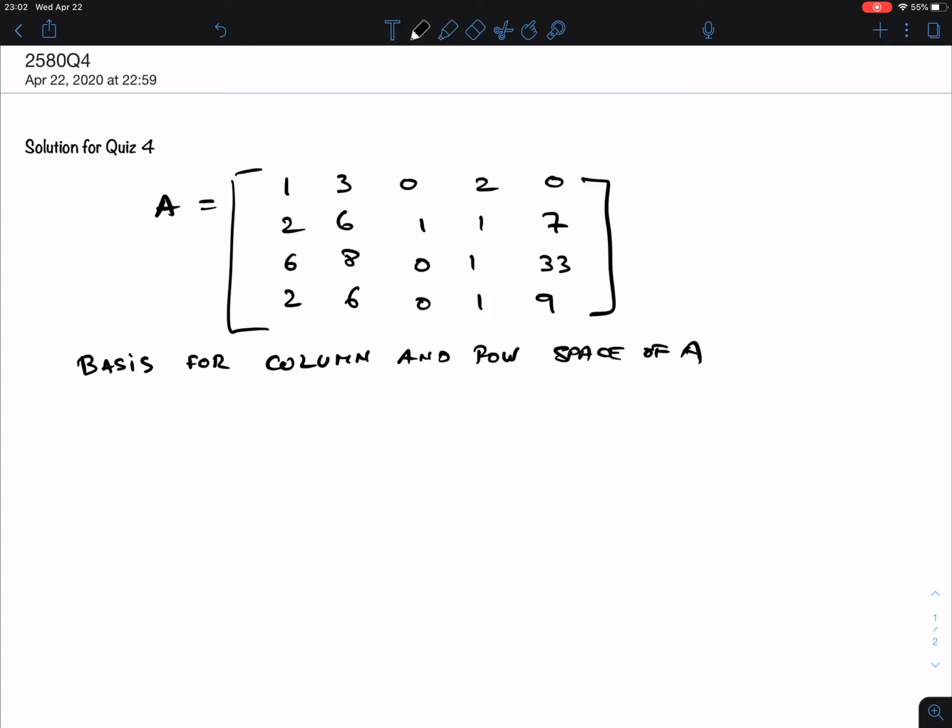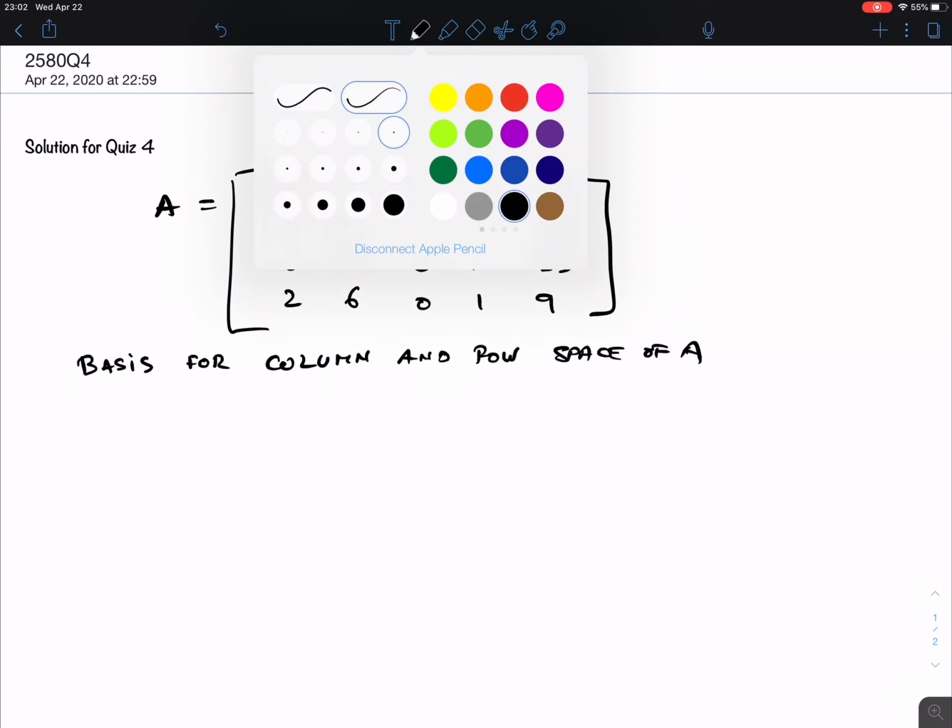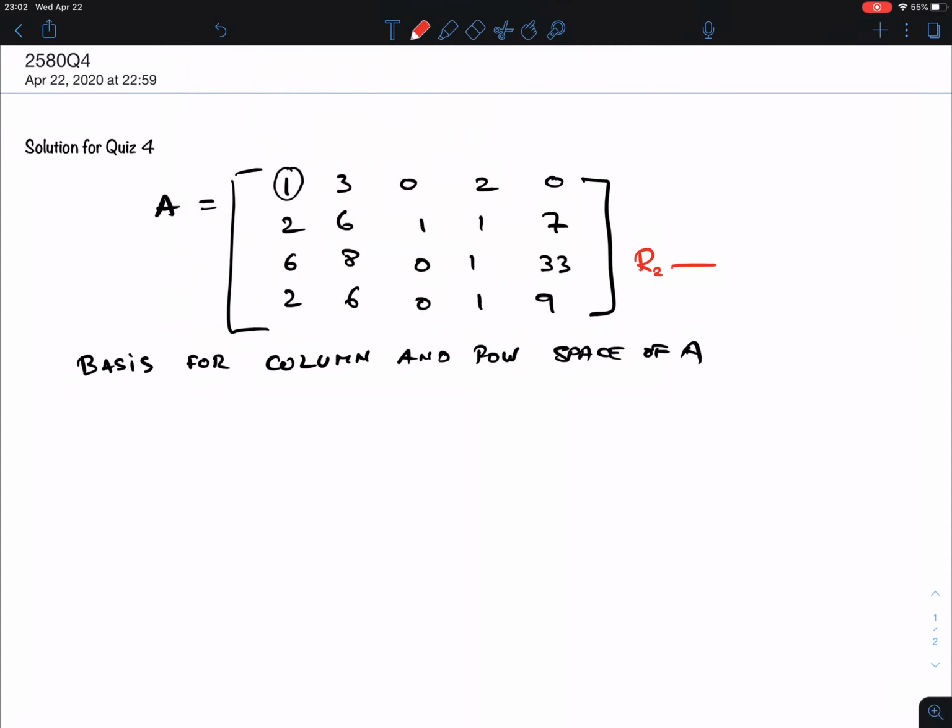We're going to use this pivot, and therefore the row operations are row 2 minus 2 times row 1, row 3 minus 6 times row 1, and then row 4 minus 2 times row 1.